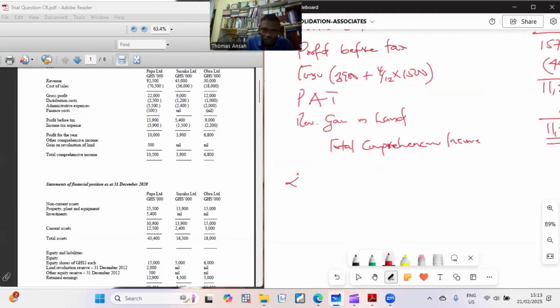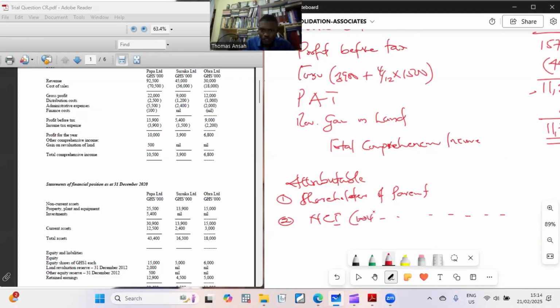Then you do your attribution. How do you attribute this? So this will be attributable to one, shareholders of parents, and two, the NCI. You are sharing the profit first, but the NCI, you always do the NCI first. Go and visit your workings for.